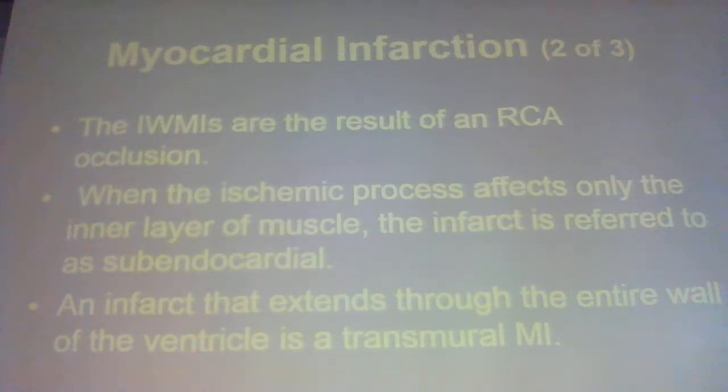So let me ask you this. If only that much of my muscle was dead, would I have a pathological Q wave? No, because this is still good muscle right here.